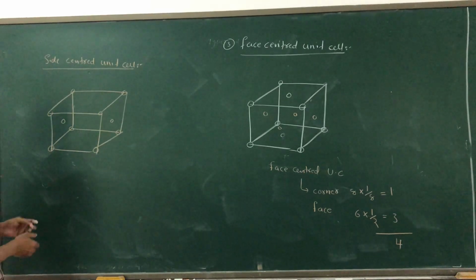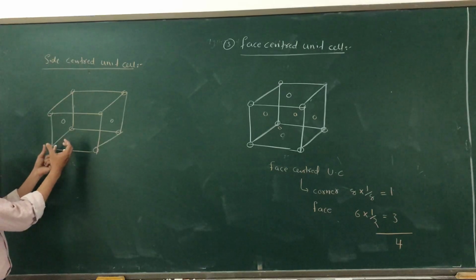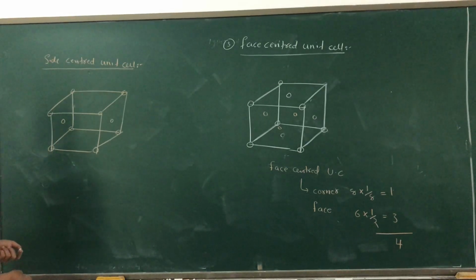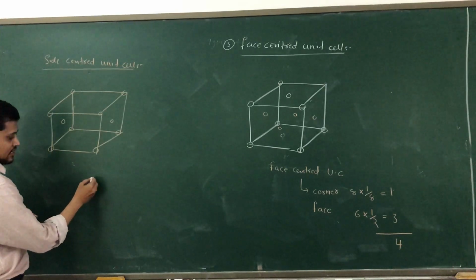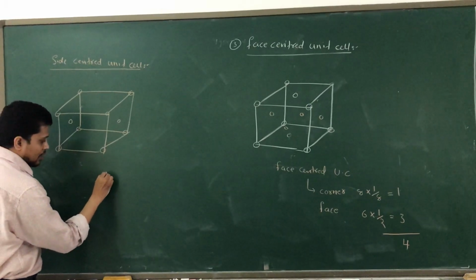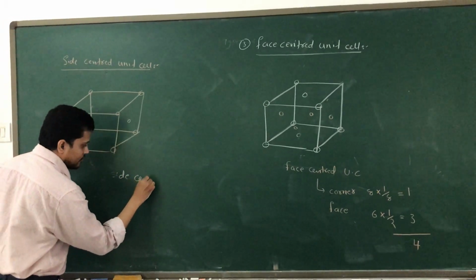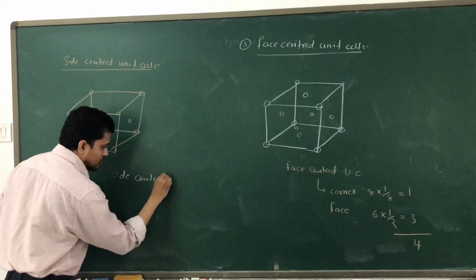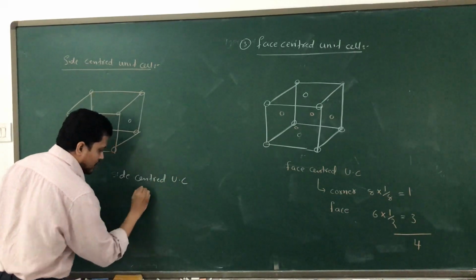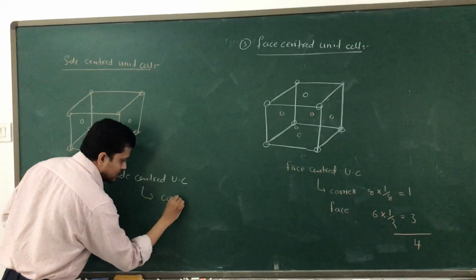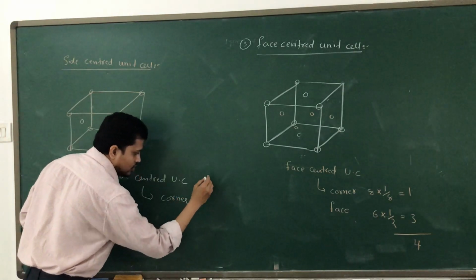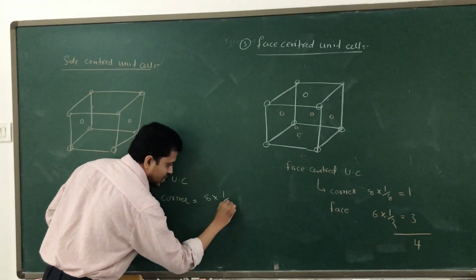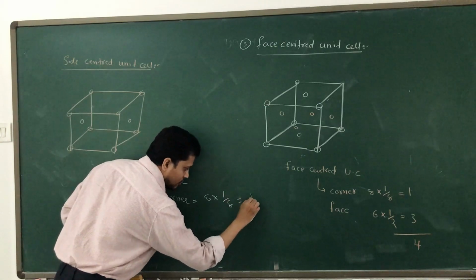Now how many atoms does this particular cell have in total? We can calculate that in the same way. For the side centered unit cell, first the corner is 8 atoms, and each one shares 1/8 part, so it is going to be 1.